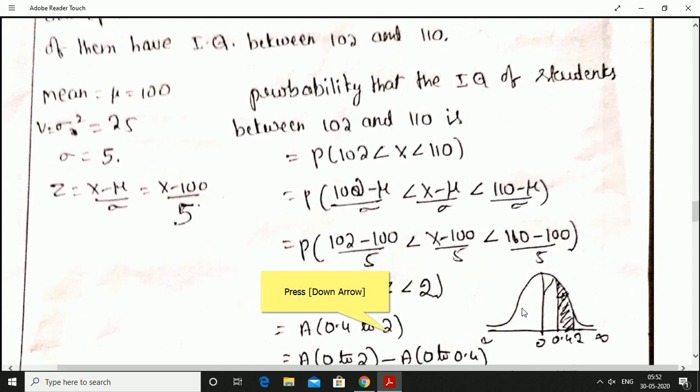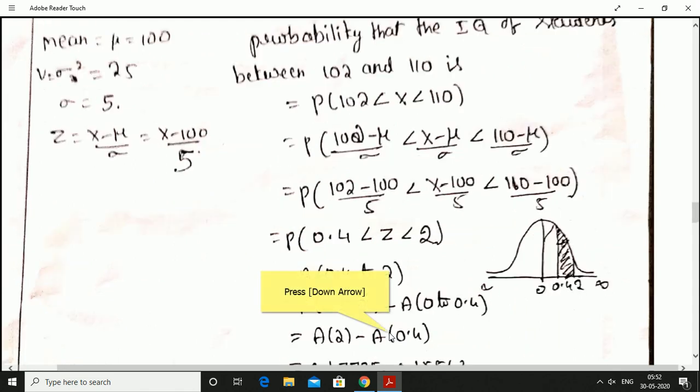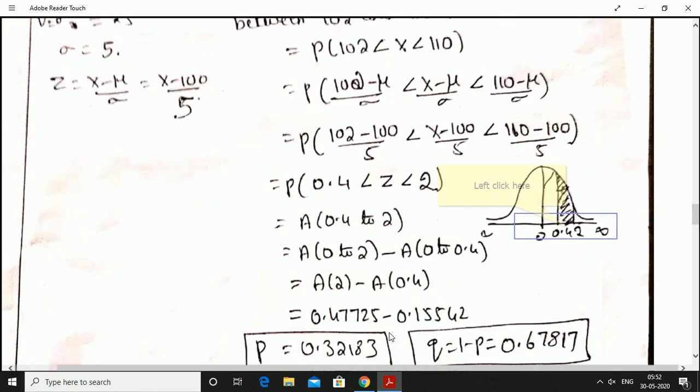102 minus 100 divided by 5 is 0.4 less than x minus 100 by 5 is z less than 110 minus 100 divided by 5 is 2. Area from 0.4 to 2 we require. That can be split as area from 0 to 2 minus area from 0 to 0.4.